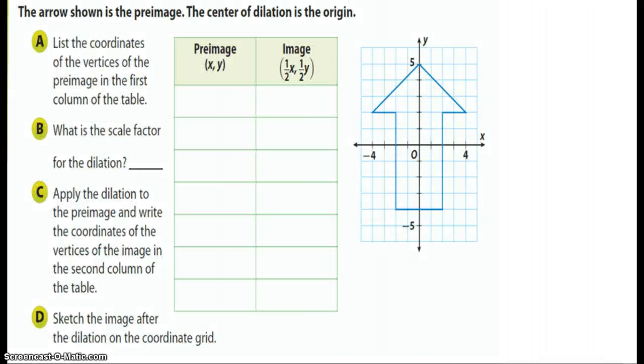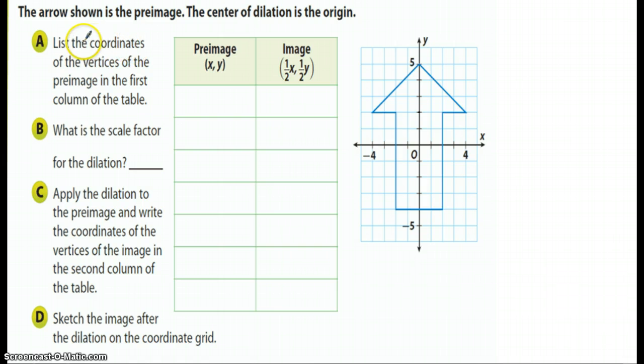So what we have presented to us here is a figure to our right. This figure is the pre-image or the original figure, and it says the center of the dilation is the origin.